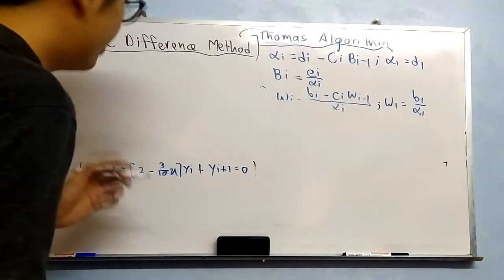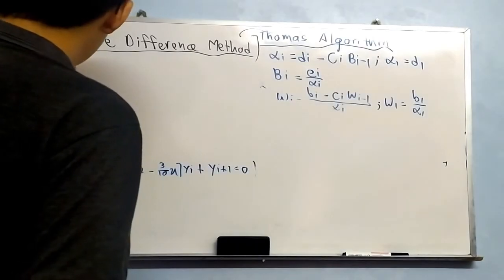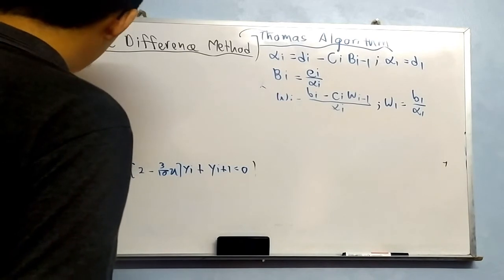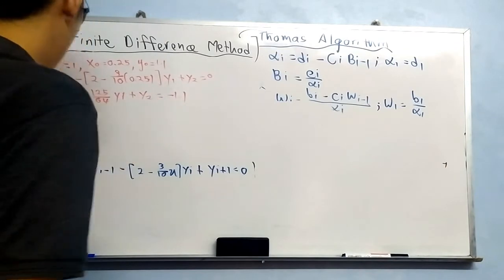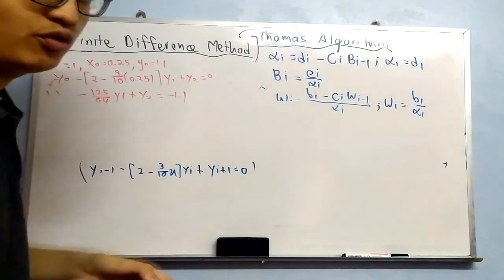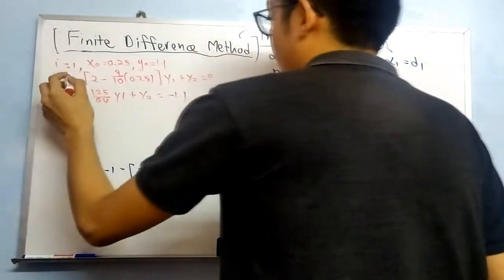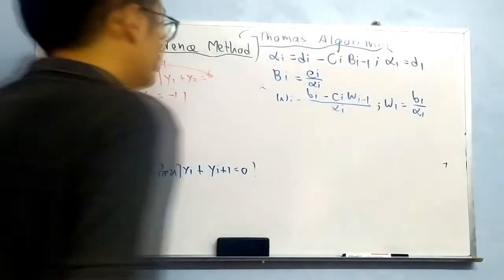Okay, so from this equation, when i equals 1, you get y0, and y0 is 1.1, so we bring it forward to the other side and it will produce negative 1.1.